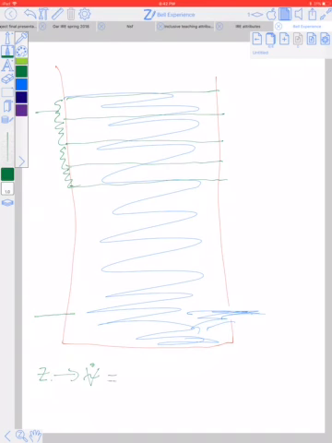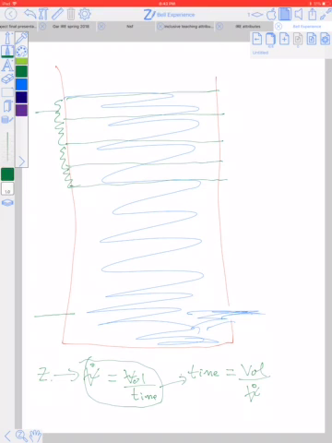Now, volume flow rate is equal to the volume that flows out divided by the time that it takes to flow out. So the Z gives us the volume flow rate. Let me just rearrange that for time. The time it takes would equal the volume divided by the volume flow rate.